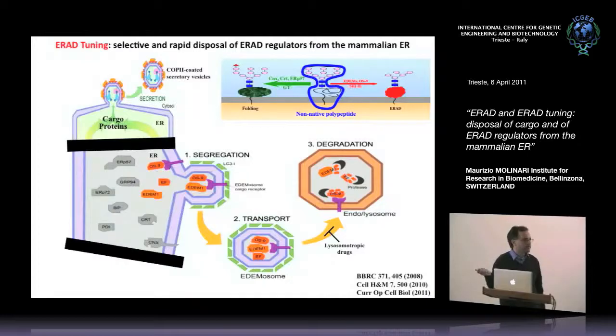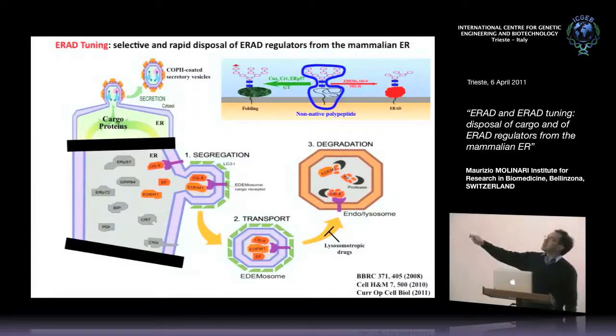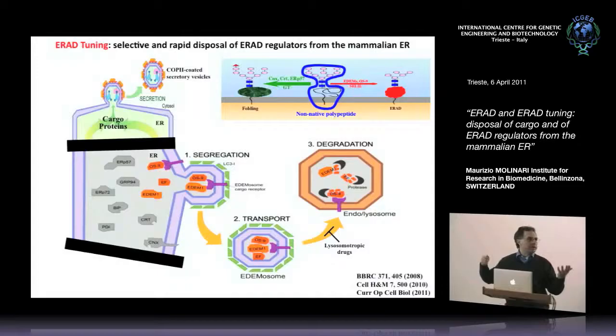So we have this model. This model claims that at steady state, you want to promote folding over degradation. To do that, you remove the proteins that regulate the degradation. And to remove these proteins from the ER, you need a receptor, because the ER is filled with a huge concentration of chaperones.